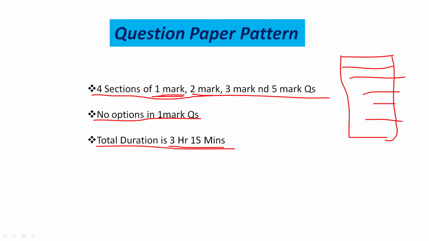You will not be spending much time on the 1 mark questions, right? But there is a section where you have to spend a lot of time. So you have to finish these 3 sections quickly but properly. Don't write wrong answers in a hurry, and see how you are able to use this time for answering the questions. Are you not able to finish all the questions in this duration of 3 hours 15 minutes, or are you able to manage?